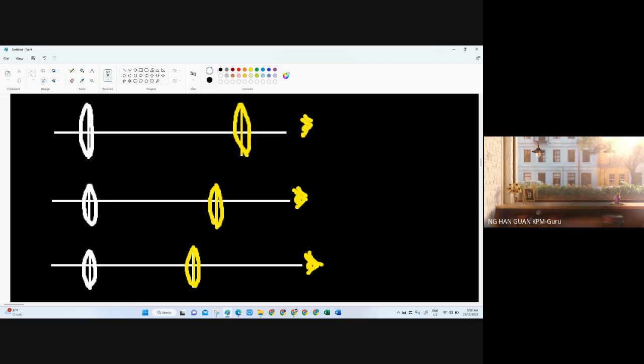When we have the length more than FO plus FE, how should it look? Here is the objective lens, the white color on the left, so we have FO here, and then the FE should be here.